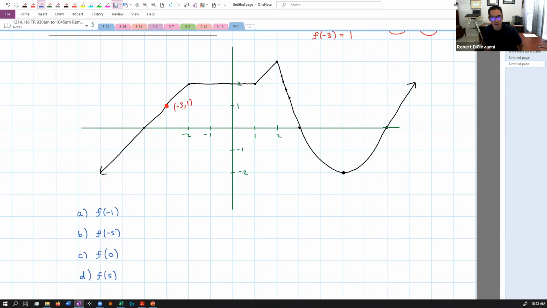I think that's enough for you to get a feel. And then for E, find X such that f of X equals 3.